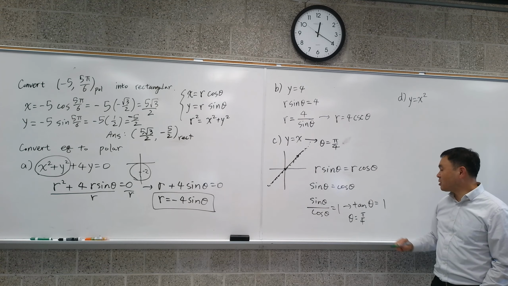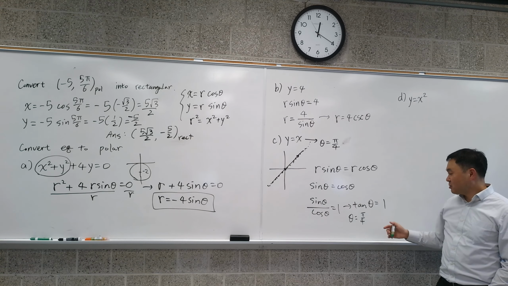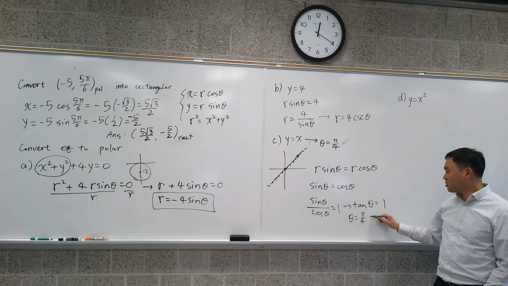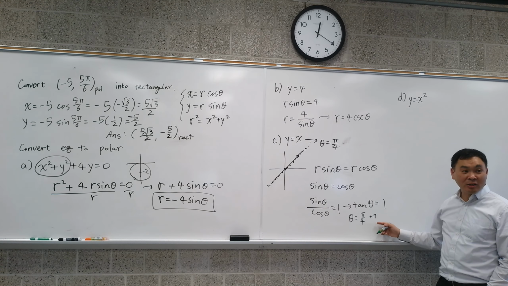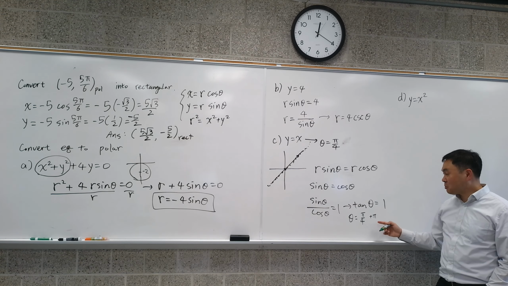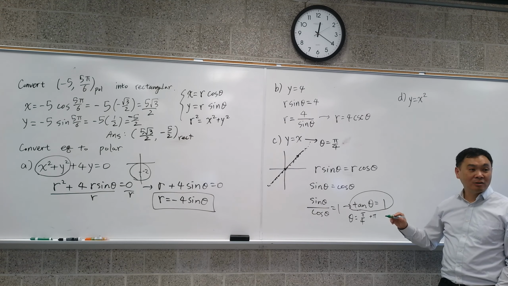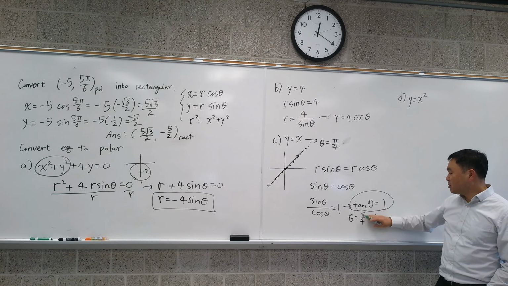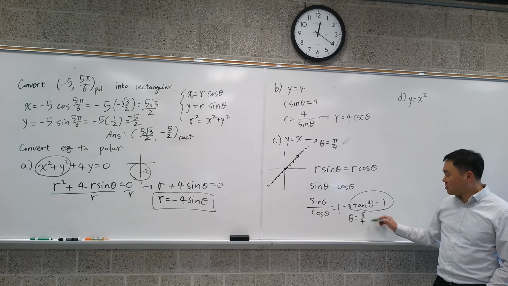So this works, but the tangent function has a period of pi. So if this works, plus pi is going to also work, plus 2 pi will also work, or minus pi is going to work. You can add or subtract any multiples of pi, and those angles will still satisfy this equation. Okay? So by doing so, you can say this is one correct answer.